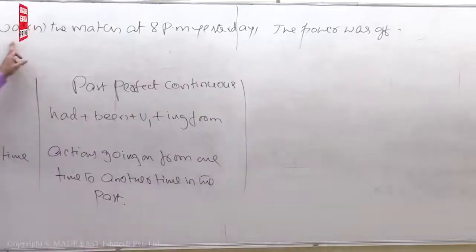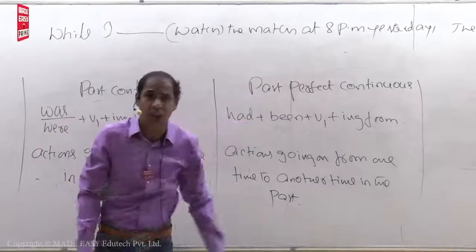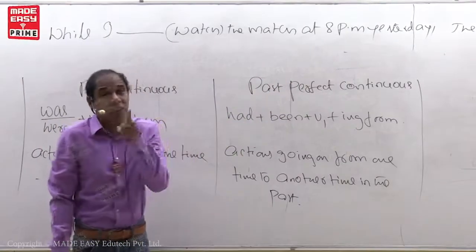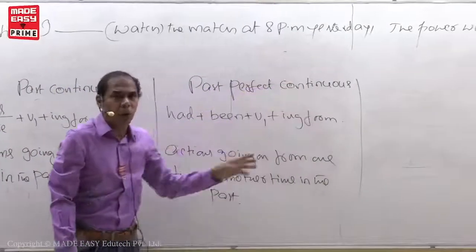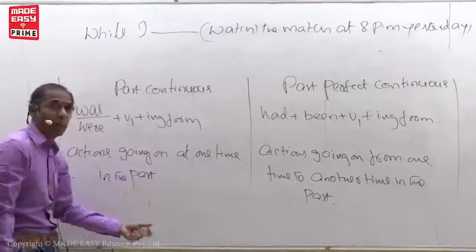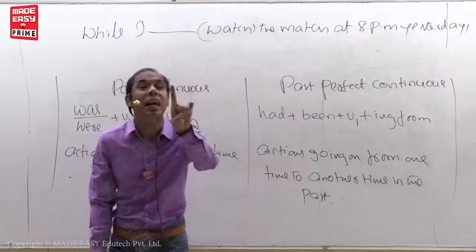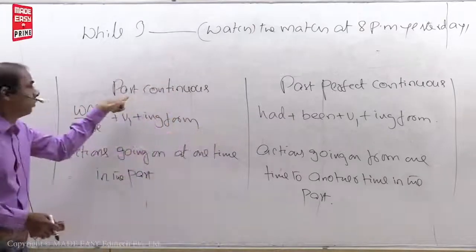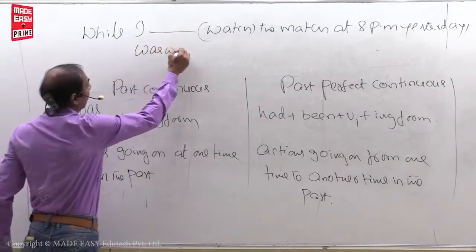See, while I dash watch the match at 8 p.m. yesterday, the power was off. When I was watching the match yesterday at 8 p.m. Look at me. Actions going on at one time in the past. Suppose any action was going on only at one time in the past, then what is the tense we have to use? Past continuous. I was watching.